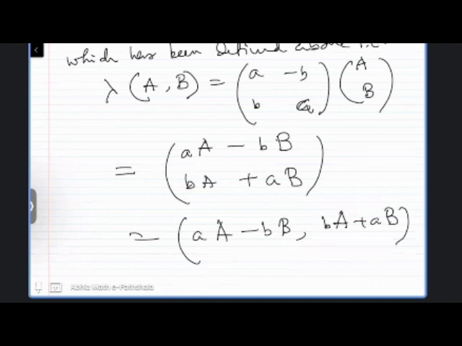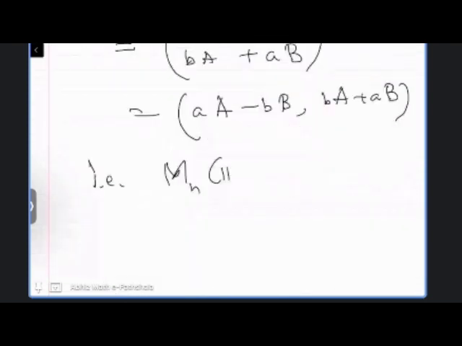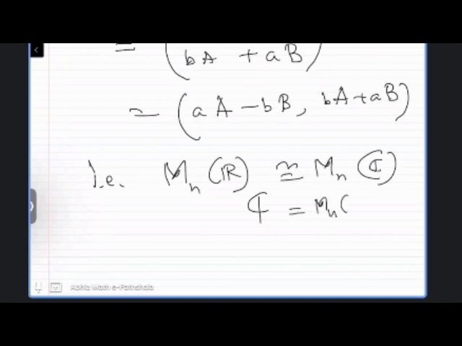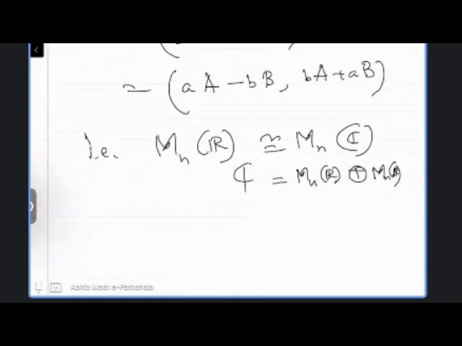In terms of this, you can check that the complexification of M_{m×n}(R) is isomorphic to M_{m×n}(C), which is M_{m×n}(R) direct sum M_{m×n}(R). Okay.